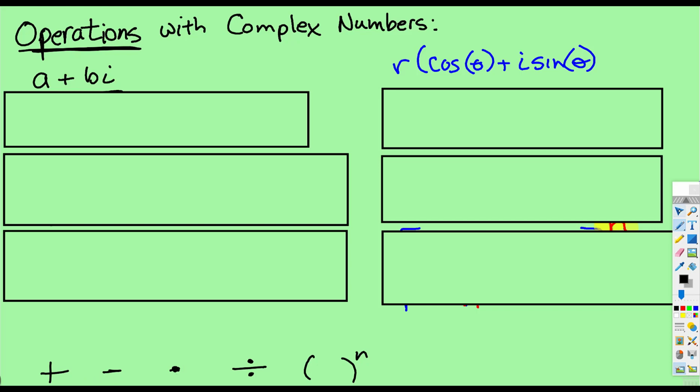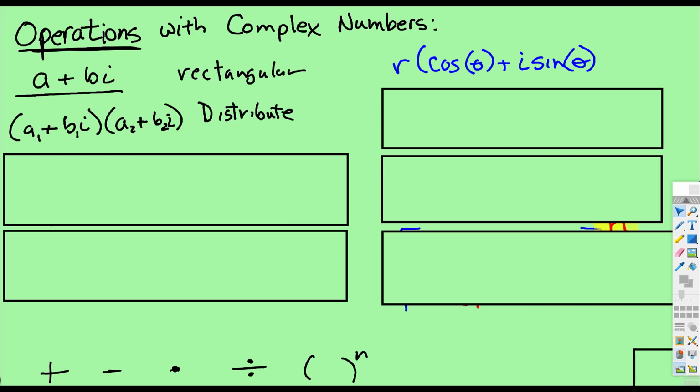But let's talk about multiplication. Well, when you have rectangular form, so this is rectangular form, you have just numbers that you're dealing with. So when you're just dealing with numbers, you're going to do multiplication the way that you normally would.